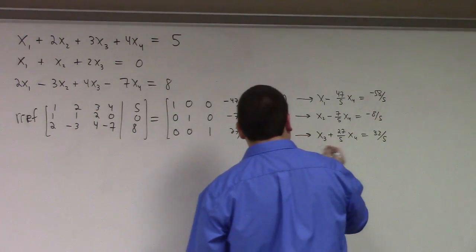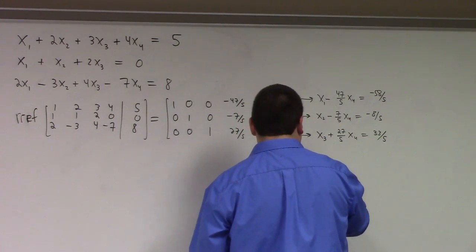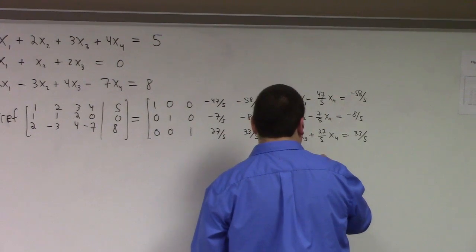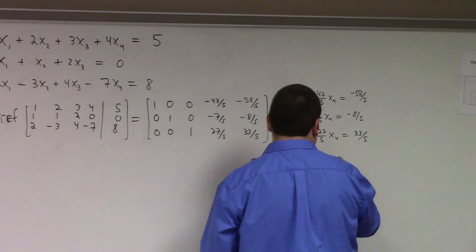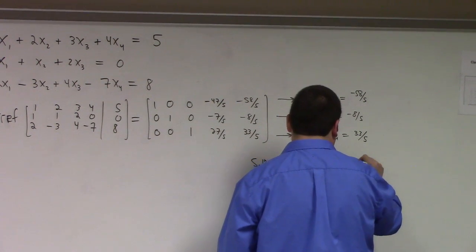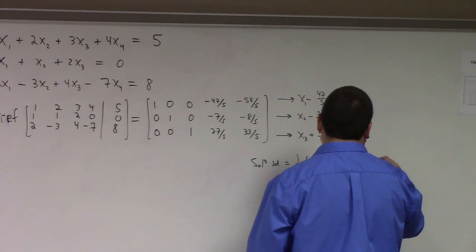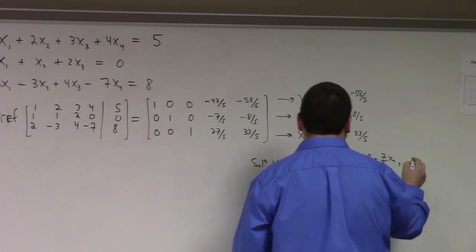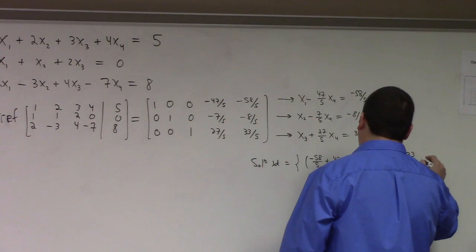But more generically, the solution set has the following form. We've got minus 58 over 5 plus 47 over 5 times x4, comma, minus 8 over 5 plus 7 over 5 x4, comma, 33 over 5 minus 27 over 5 x4.